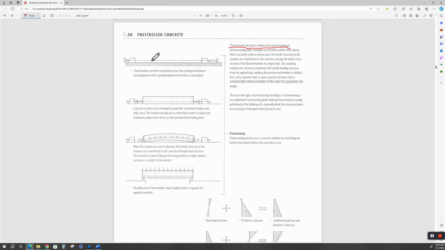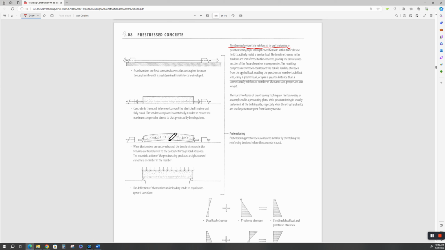Pre-stressed concrete are like those concrete panels that we talked about setting across your floor joist, all right, your floor beams, all right? So you put a high tensile stress on this, then you cast the concrete, and then you cut these loose, and the beam bends. It bends up. It puts a camber in it. We call this a camber.